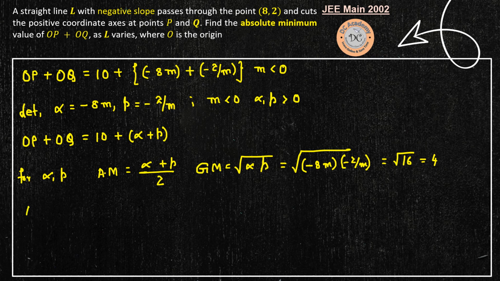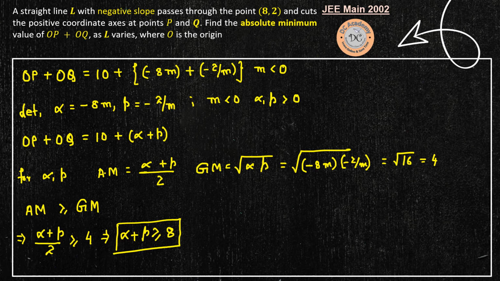Now we know that the arithmetic mean is always greater than or equal to the geometric mean. That implies alpha plus beta divided by 2 is greater than or equal to 4, so alpha plus beta is greater than or equal to 8. This is only possible if alpha and beta are greater than 0, and that's why they give the concept of negative slope.